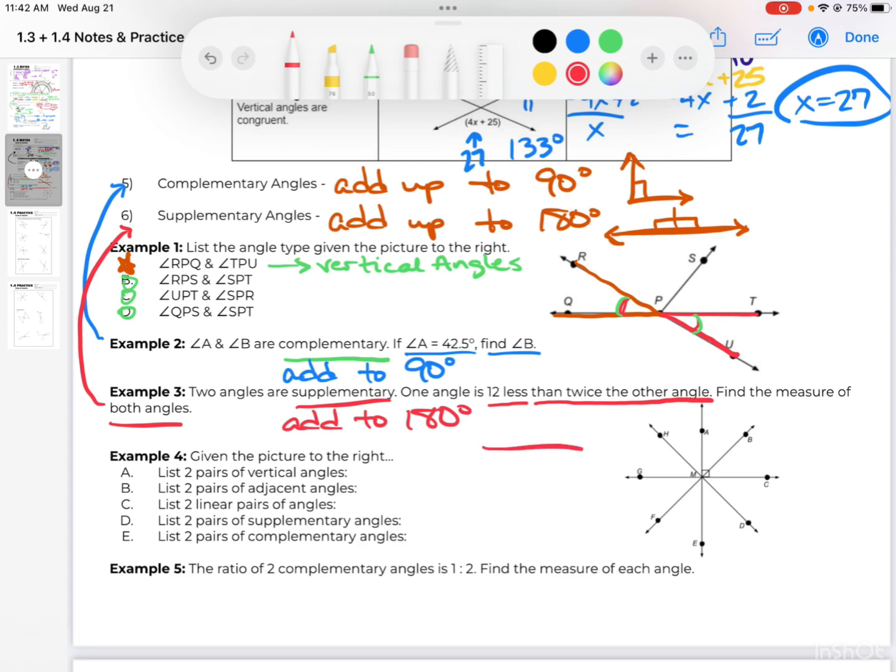So that means I have two angles, all right? I'm just going to sketch them here. One of them is an unknown value. The other is an unknown value, and this is what I know about them right here. I know that one of them is the other one times 2 minus 12. So see if you can solve that one.